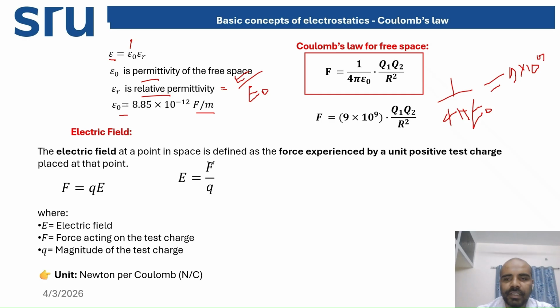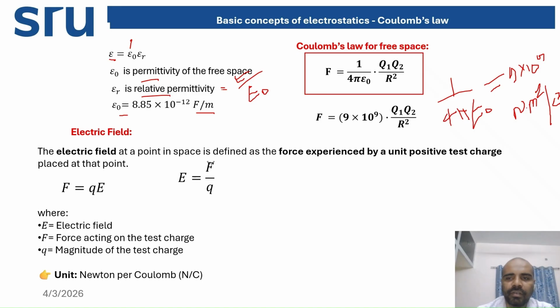So 1 by 4 pi epsilon naught is the proportionality constant k in free space or in vacuum, which is equal to 9 into 10 to the power 9 Newton meter square per Coulomb square. Coulomb is the unit of charge. So this is the value of the proportionality constant in free space.